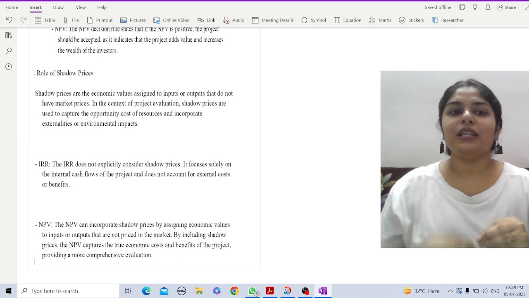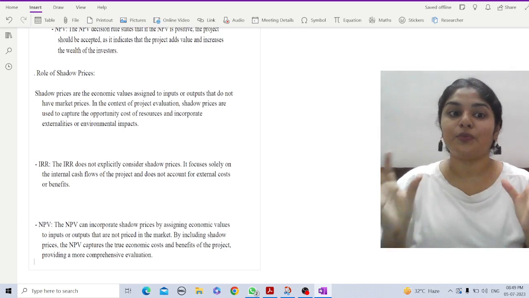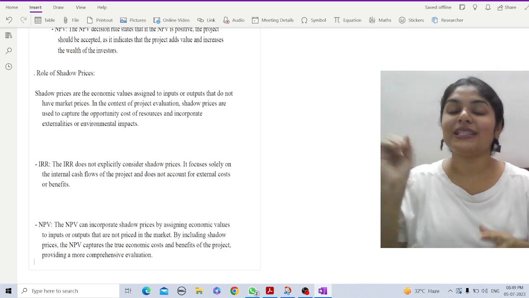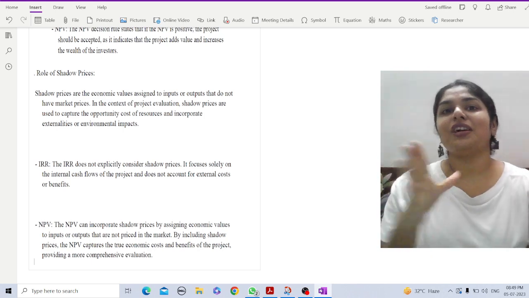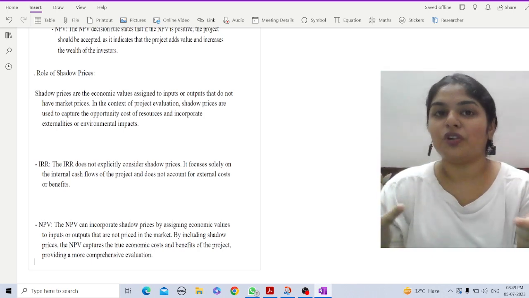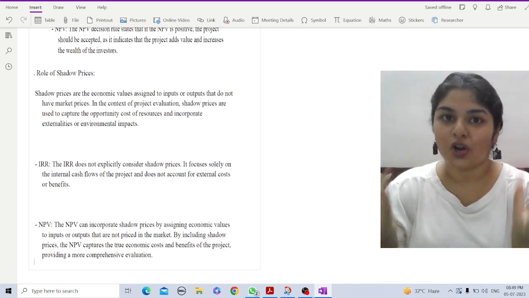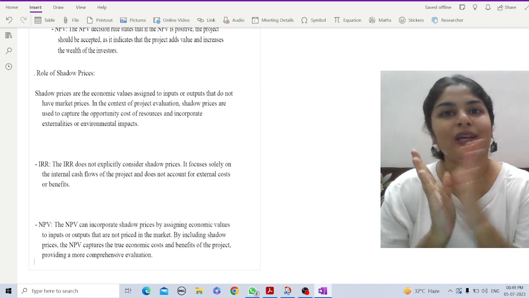So in the NPV, it captures the economic cost and benefit of the project, providing a more comprehensive evaluation. So this is basically the role of shadow price, in order to understand the alternative use, substitution, opportunity cost, etc., and that is the shadow price in this context.